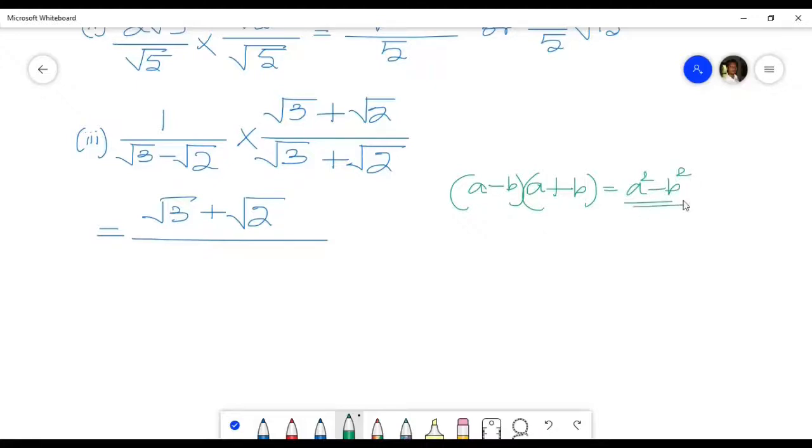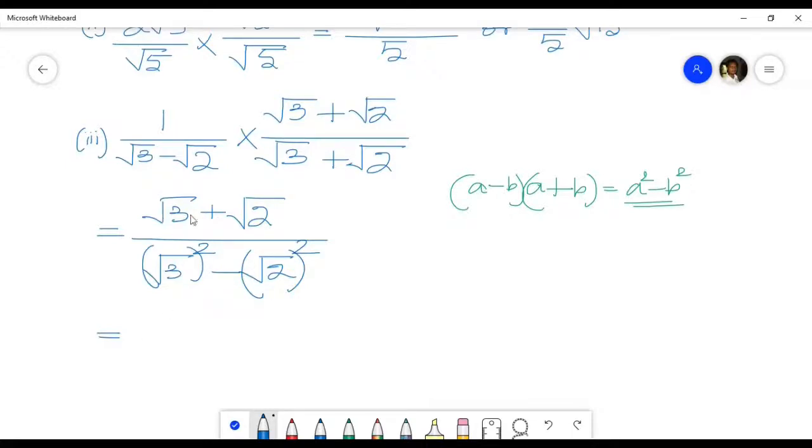So let us write these two denominators in the form of a square minus b square. A square would be root 3 whole square, because root 3 resembles a, and b square will be root 2 whole square, because root 2 is in the place of b.